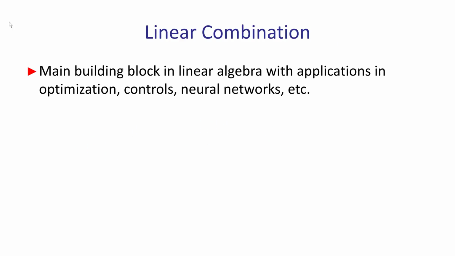Linear combination is one of the most important building blocks in linear algebra, which we will use to define multiplication of matrices, but it also has multiple engineering applications in optimization, controls, neural networks, and others. Given a list of vectors like v1, v2, v3, and so on to vk, and let's use some underline to show that this is a vector and not a scalar.